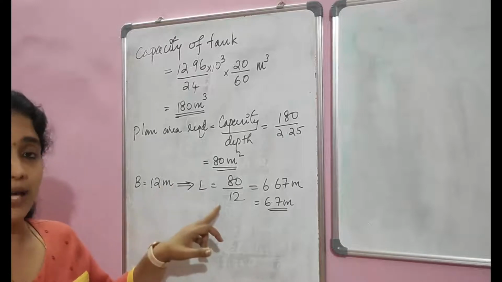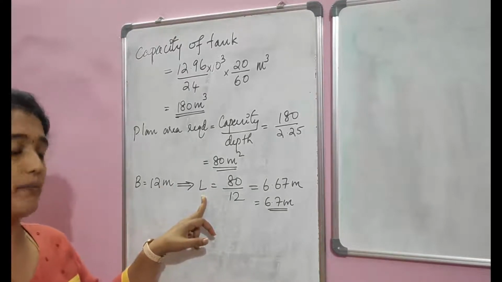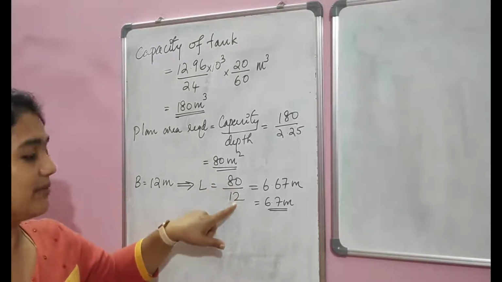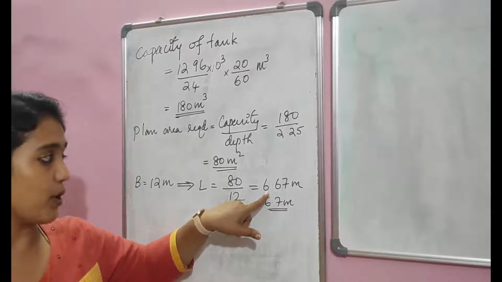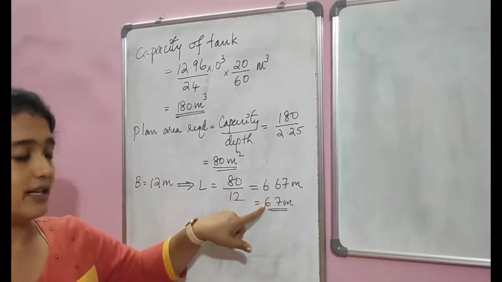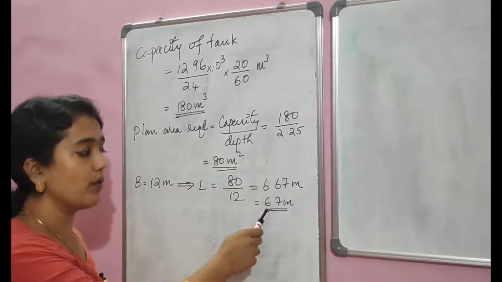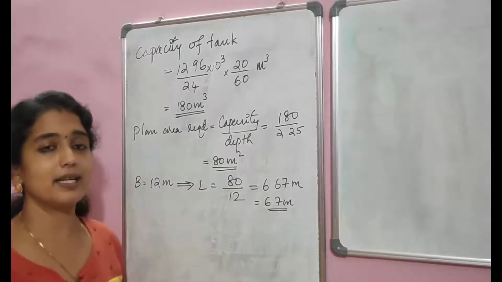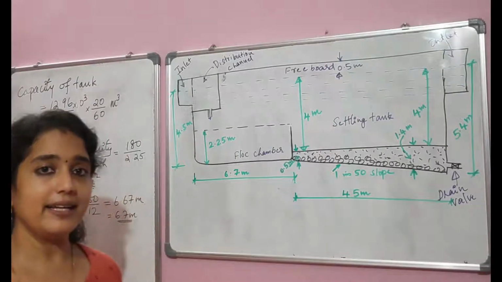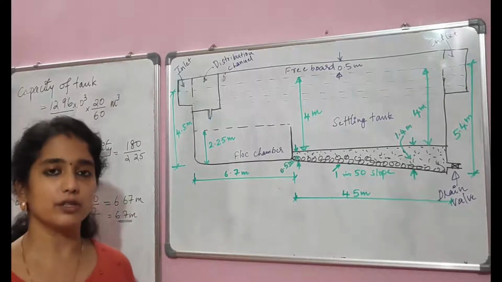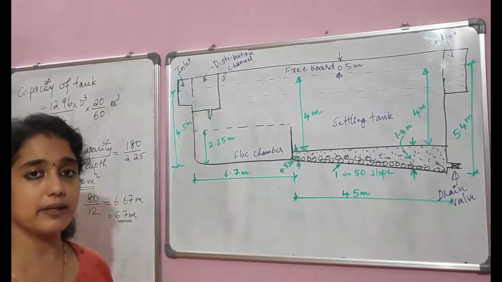So we are going to calculate the length of the flocculation chamber, that is 80 divided by 12. Then we will get a value of 6.67 meter. Then we are adopting a value of 6.7 meter as the length of the floc chamber. By finding the length of the floc chamber, we completed the design of the floc chamber.